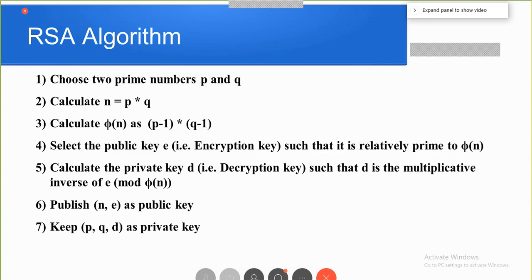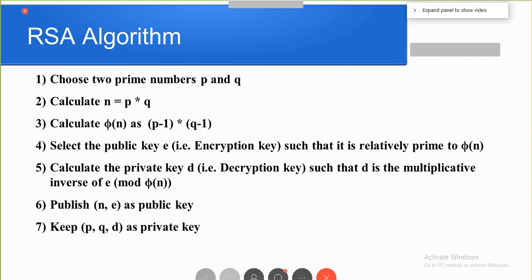Then select the public key, here the small letter e. The small letter e is called the public key or the encryption key, such that it is relatively prime to phi of n. So we are choosing some e that is relatively prime to phi of n.